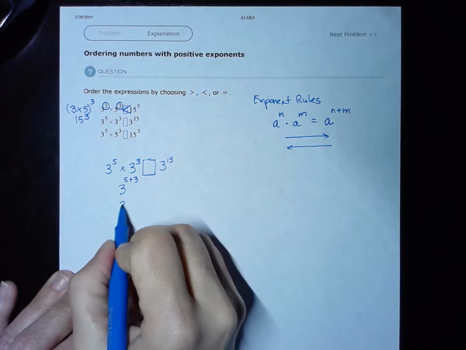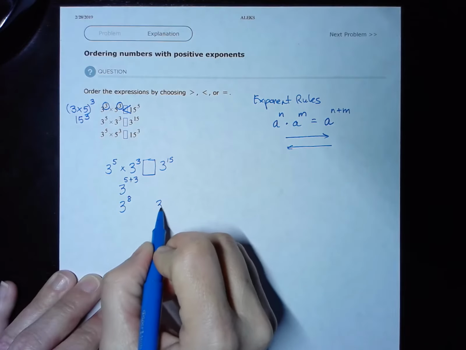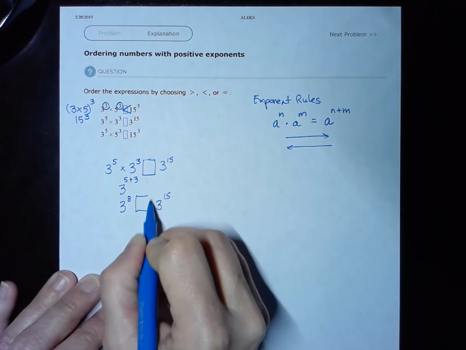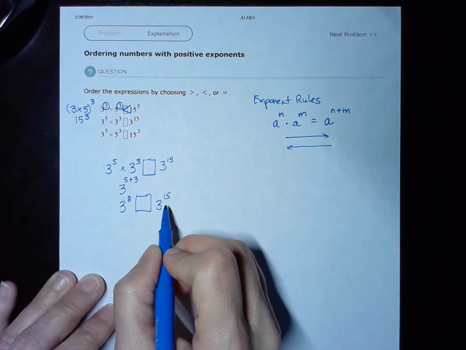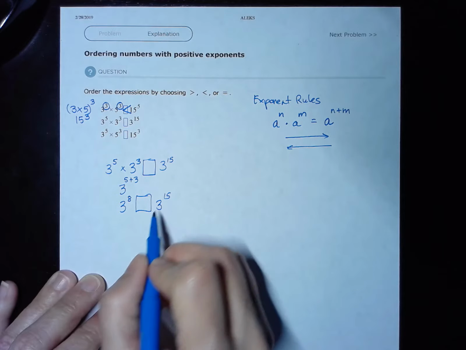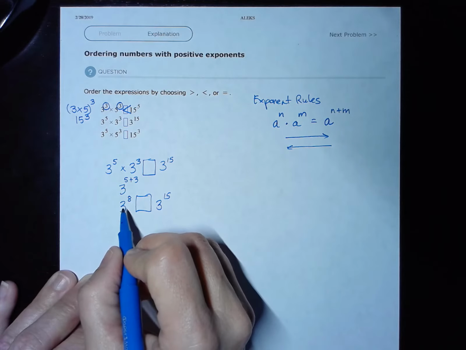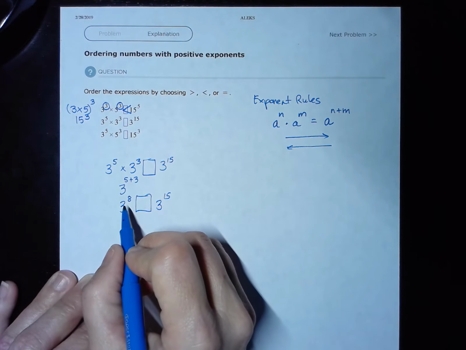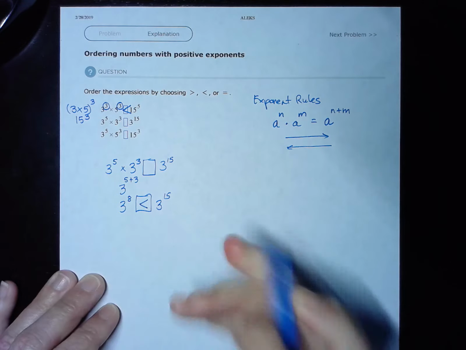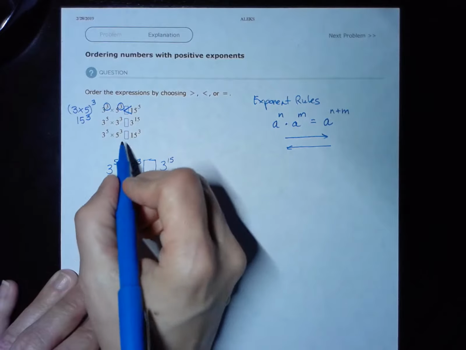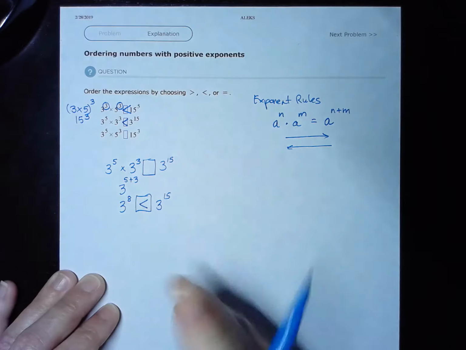So this would be 3 to the 8th, and I'm comparing it to 3 to the 15th. And obviously, 3 times itself 15 times is going to be larger than 3 times itself 8 times. So my answer would be less than.